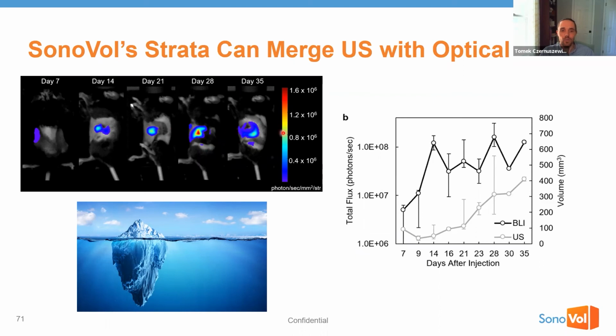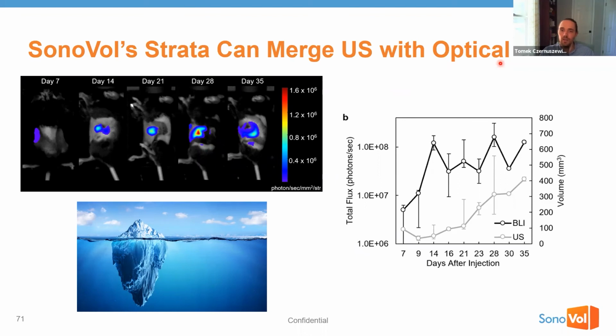And with that, we can create these multimodal plots where we're looking at both the molecular signal, which is highly sensitive, but perhaps doesn't have very good spatial resolution. And we combine that with ultrasound, which has somewhat less sensitivity to individual tumor cells, for example, or individual macrophages if you're looking at inflammation, but has good anatomical description.